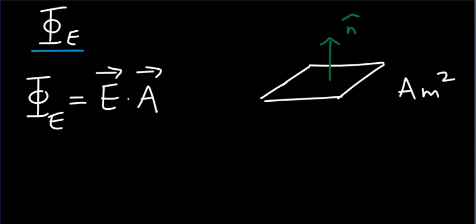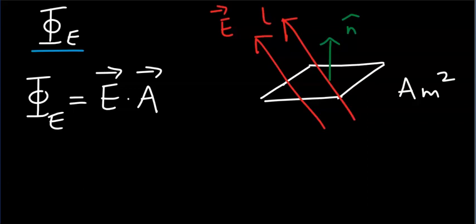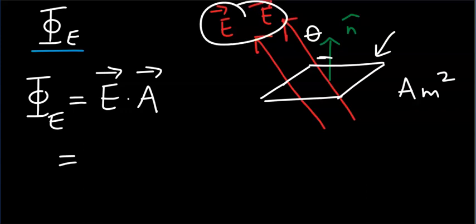Now let's assume you have an electric field penetrating the surface area in that direction, like that. And this electric field makes a certain angle with the normal vector. Let's call that angle theta.